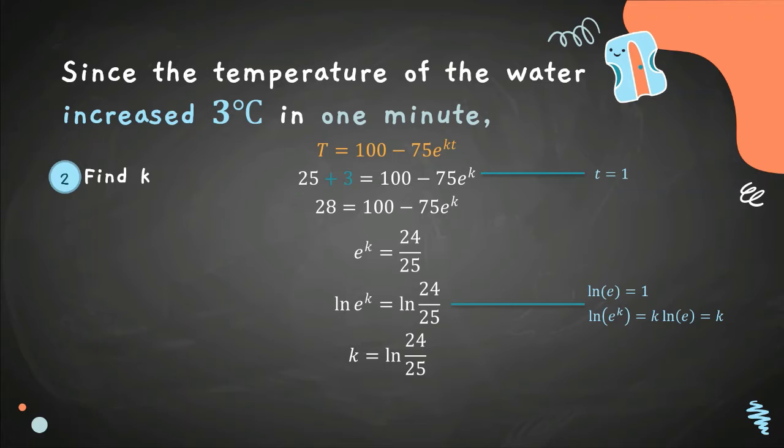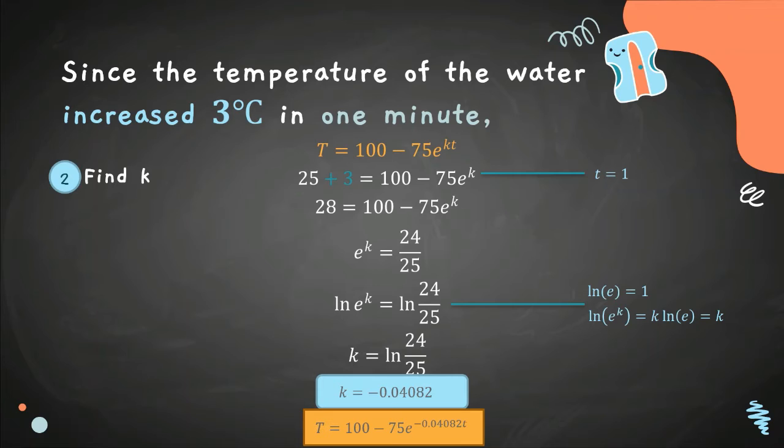So we get that k is equal to ln of 24 over 25. And finally we get k is equal to negative 0.0408. And for the temperature, T is equal to 100 minus 75 e to the power of negative 0.0408t.